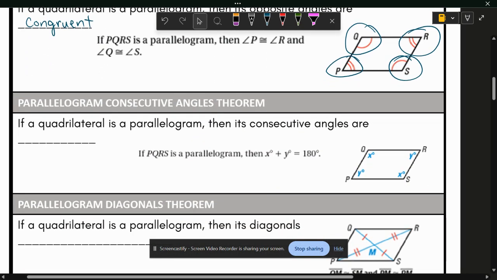Parallelogram consecutive angles theorem. Remember consecutive interior angles from way back? We talked about two angles on the inside that were equal to 180. So in a parallelogram, if we have consecutive angles, they are equal to 180.